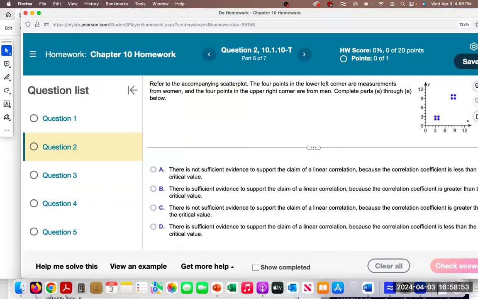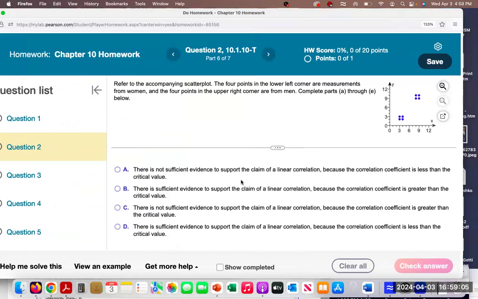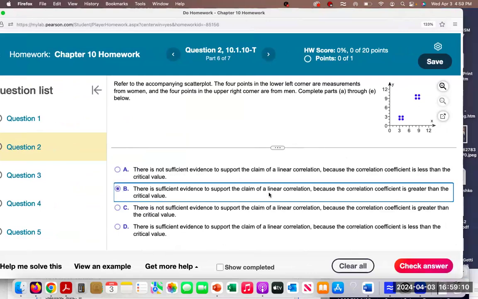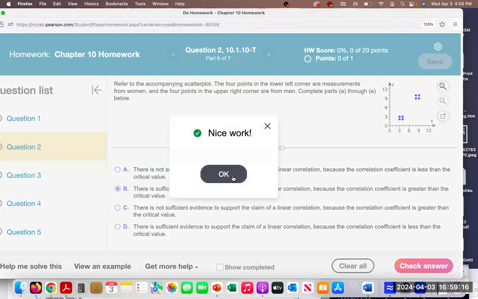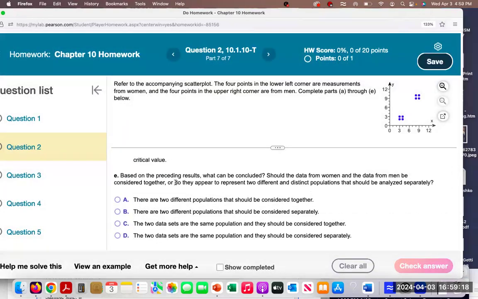So there is sufficient evidence to support the claim of a linear correlation, because the correlation coefficient is greater than the critical value.